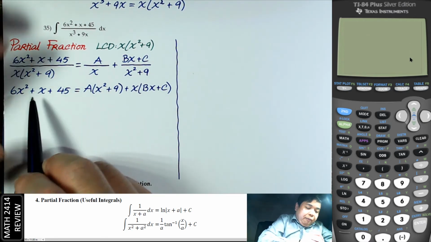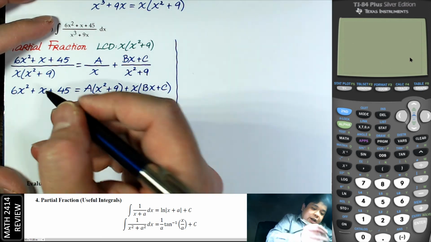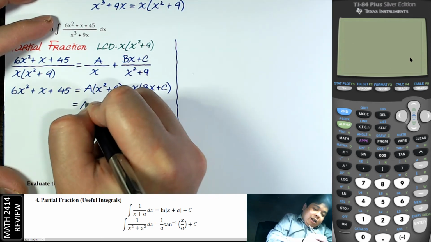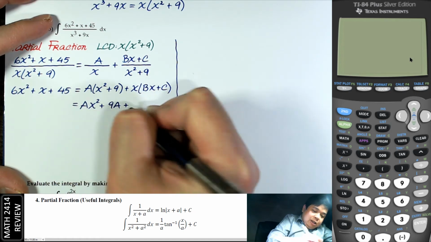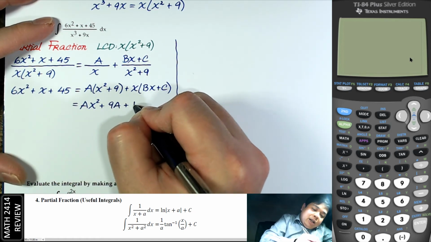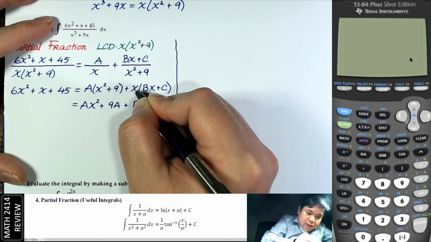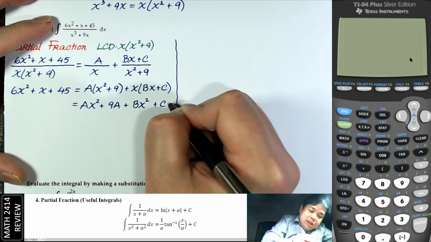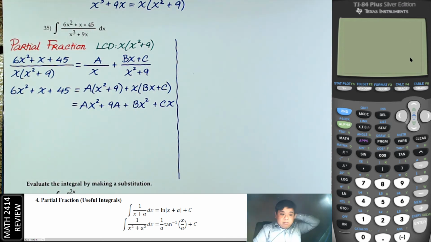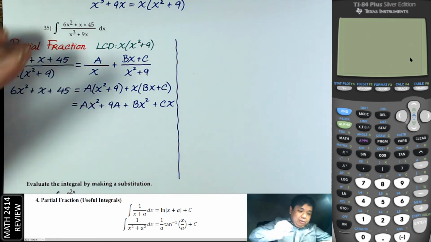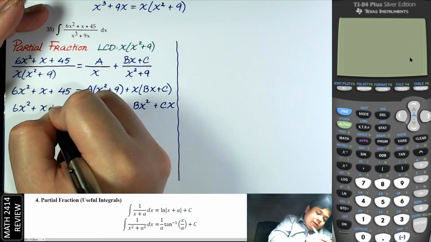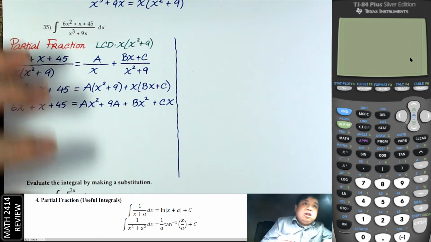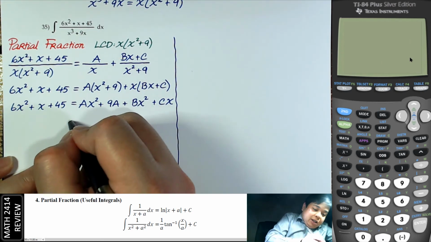So we have ax squared plus 9a plus bx squared plus cx. It's not that bad. You can just do this by hand. Right, combine like terms.